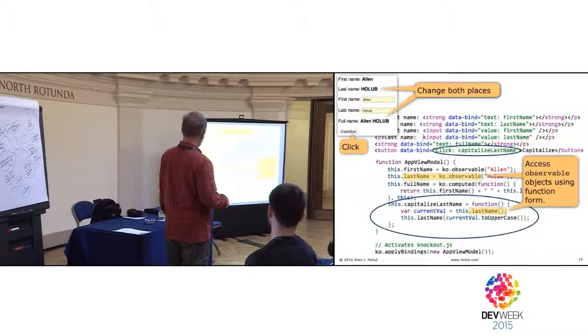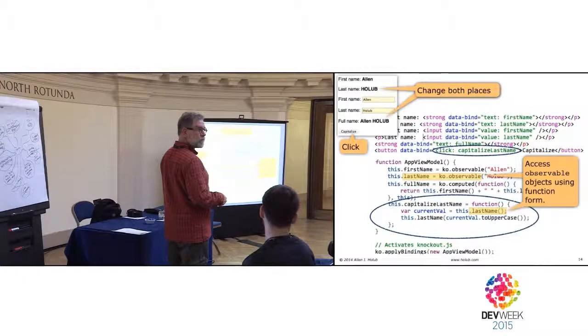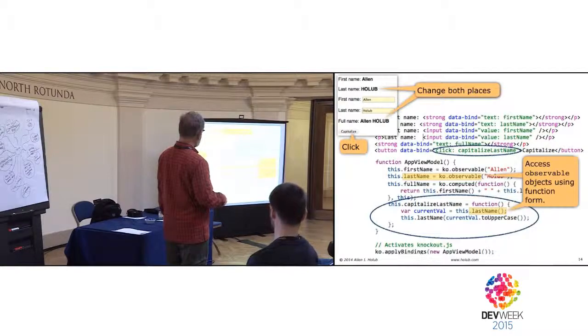All right, and the click method here is a binding. This is another kind of Knockout binding. That's saying, okay, I'm going to bind the click on this button to the capitalized last name method. So when the click event occurs up at the button, capitalized last name is called.